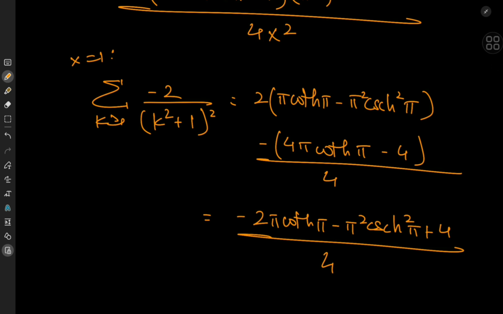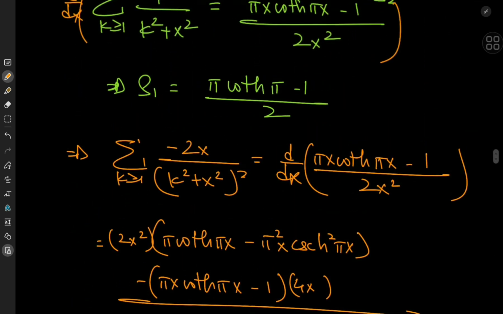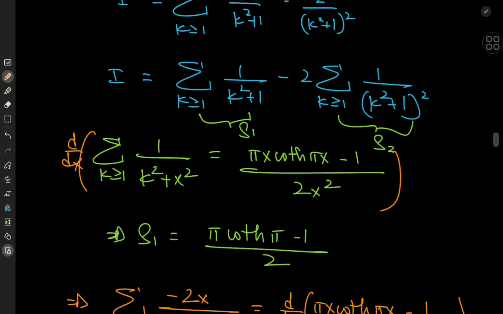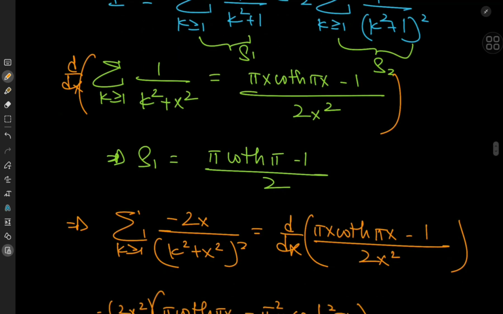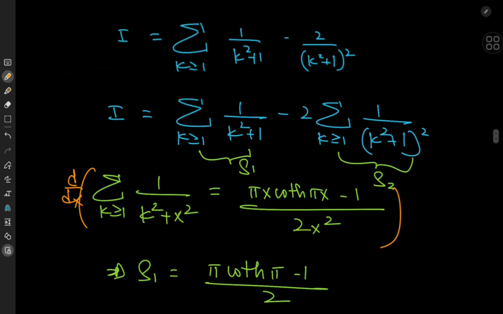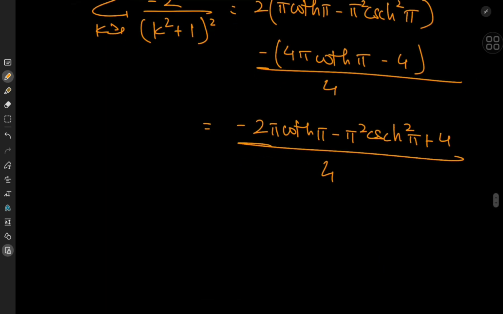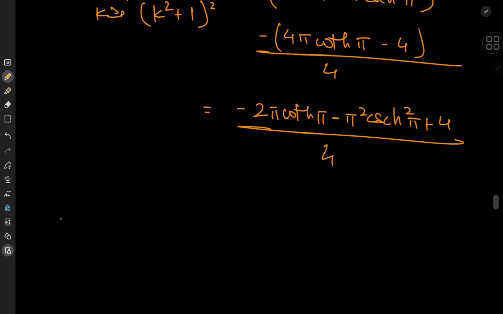And I think the equation I used for the 2 series, yeah, this negative 2 thing is actually pretty useful. I can just plug it into the equation in blue. Yeah, that's quite convenient. So this means that the integral I equaled, the first series gave me pi times hyperbolic cotangent pi minus 1 by 2.